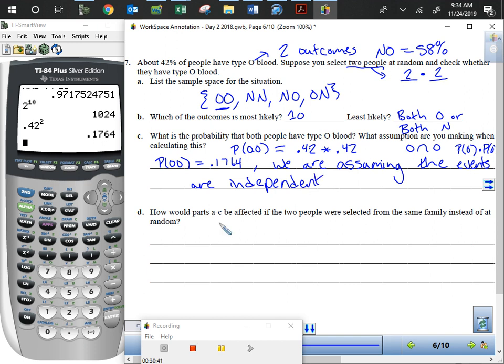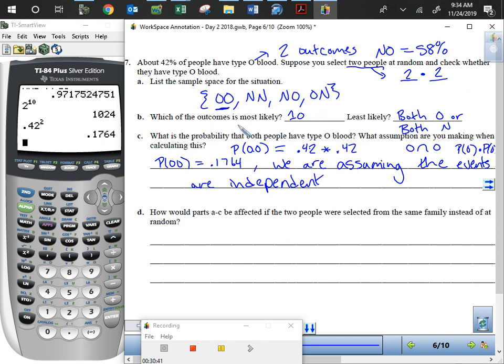It says, how would A through C be affected if the two people were selected from the same family instead of at random? Here, for A, the sample space wouldn't change. You still have these outcomes possible.